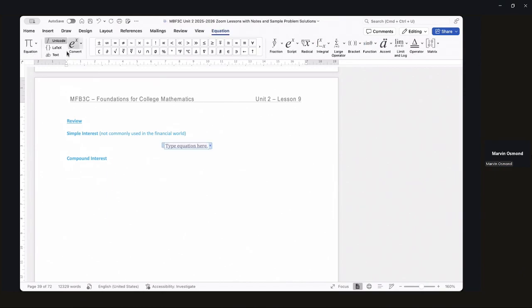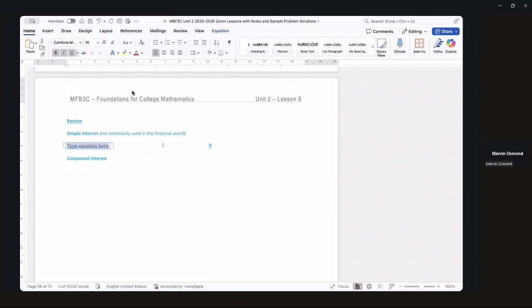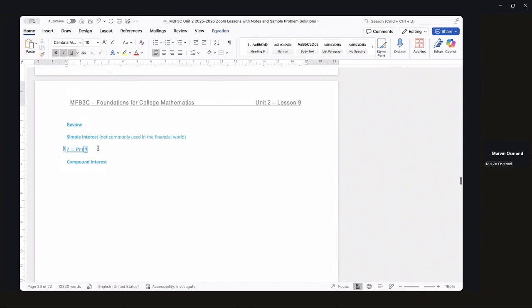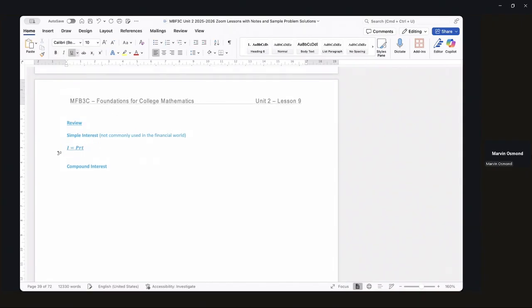What we had to do first was the calculation for I equals PRT. So we had to determine the amount of interest first, and then we found the amount at the end: A equals P plus I.